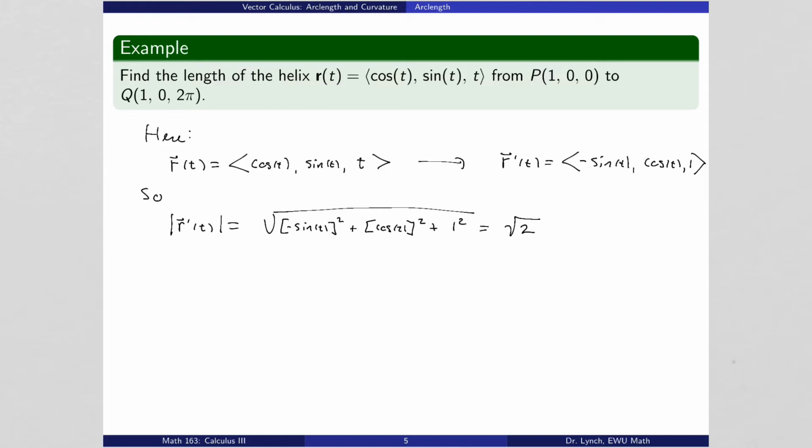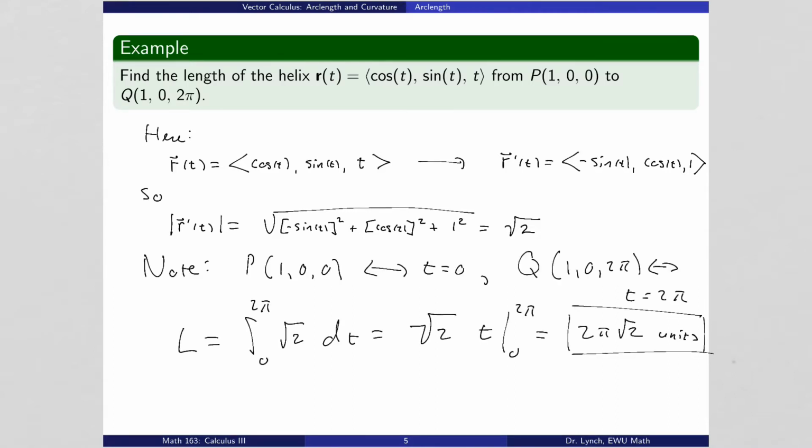So here we see that when the vector valued function r is cosine t, sine t, t, the vector valued function r prime is negative sine t, cosine t, 1, and we can find the magnitude of that vector, which turns out to be just the square root of 2. So we'll go ahead and integrate square root of 2.